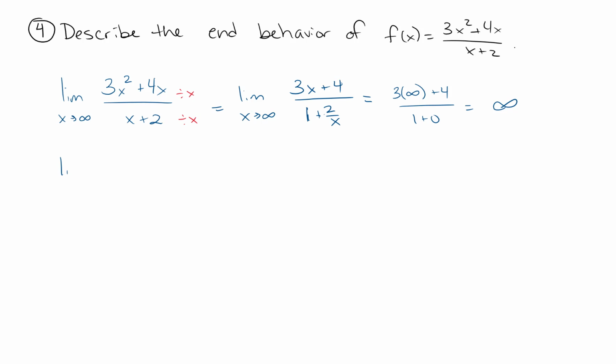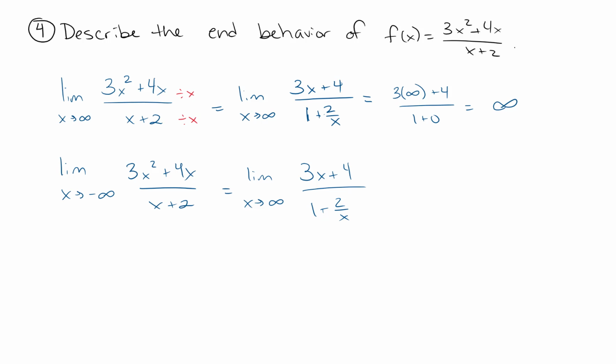And then remember, we also have to check the limit as we approach negative infinity of our same function, which we simplify in the same way, rewriting as this expression when we divide everything by x. And this time we get 3 times a really, really big negative number plus 4 over 1 plus 0. So this time we're approaching negative infinity.